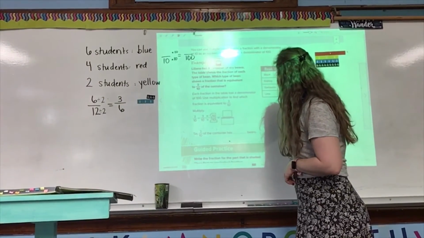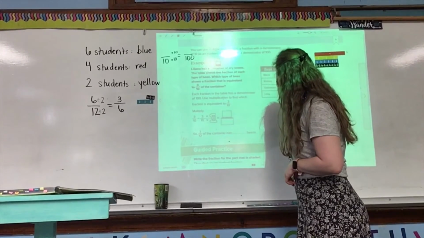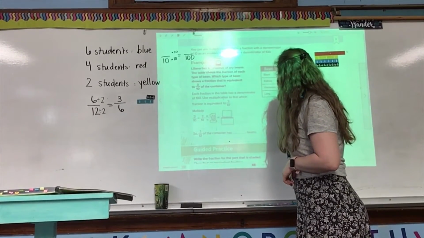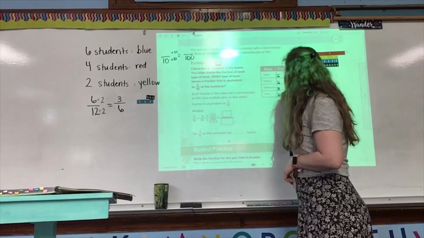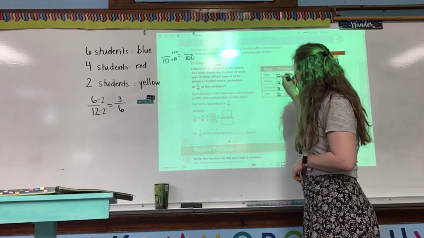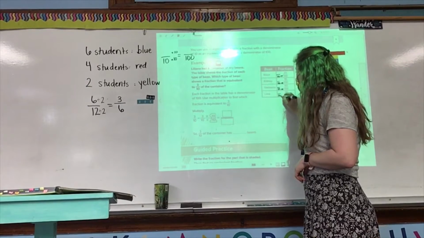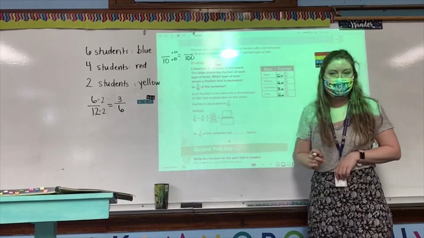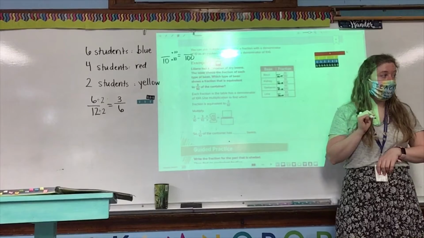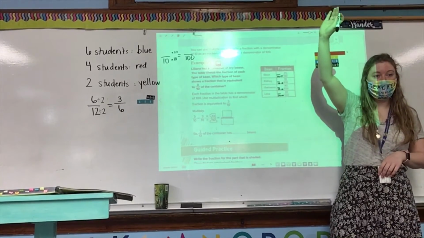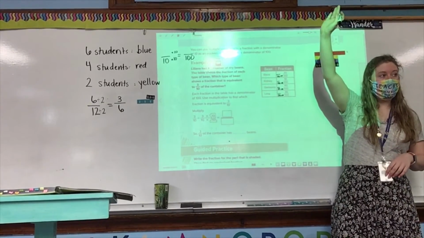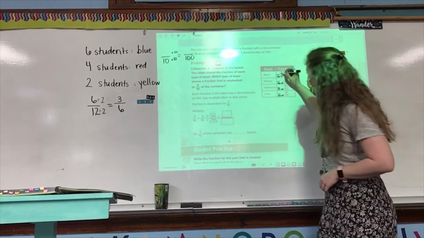So let's write a fraction with a denominator of 10 in front of each one. And we know we're multiplying each of those denominators by 10. Whatever we do to the denominator, we also have to do to the, Aaron? Numerator.